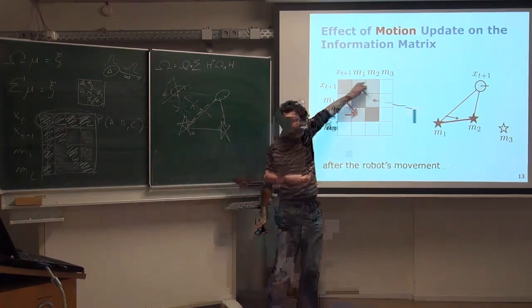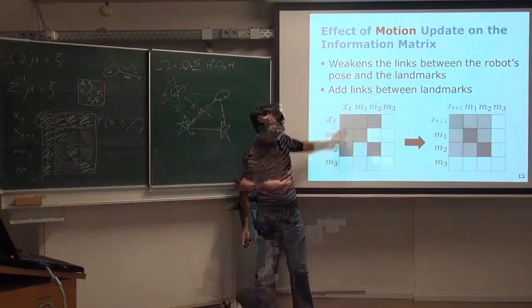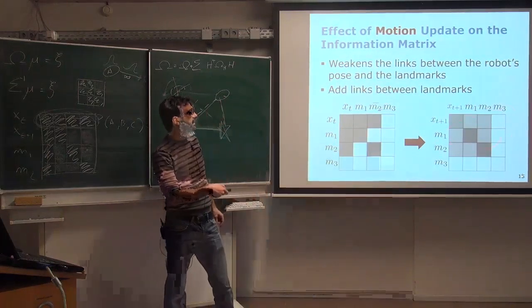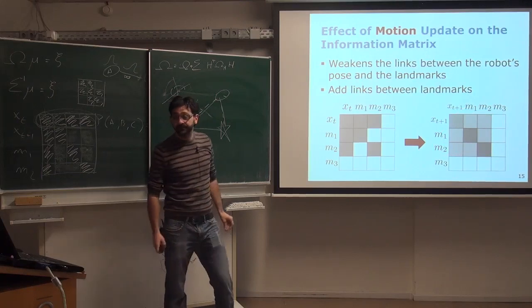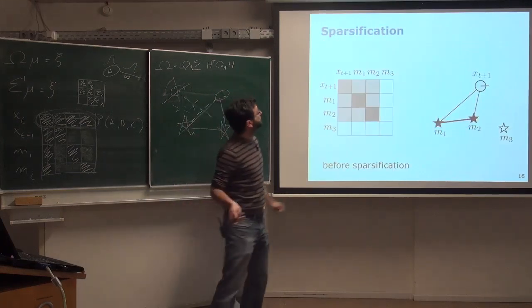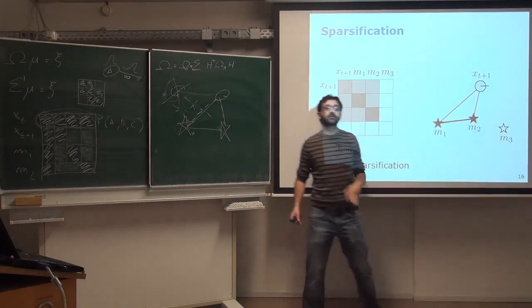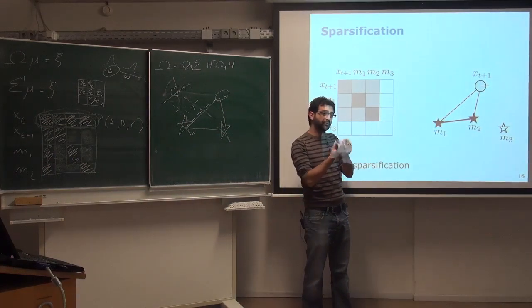So this information comes in here, and we get this very connected information matrix. But we can do a sparsification step where we basically take this, we check which are the strongest links in terms of mutual information.